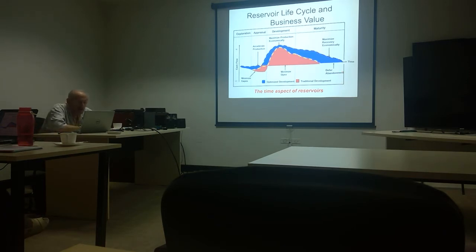Now, most of the time, you do a reservoir characterization kind of in a traditional manner. You look at whatever data you have, usually rather quickly, and you might end up with a curve that looks like this, where when you make your discovery, and as you're delineating your reservoir, you are spending money. You're not making any money, you're spending money.